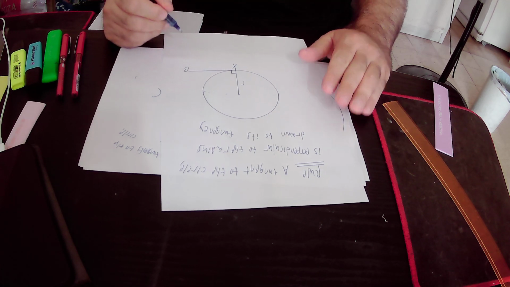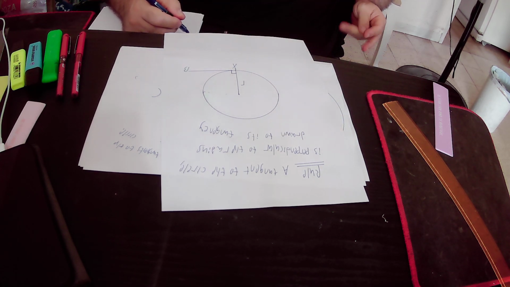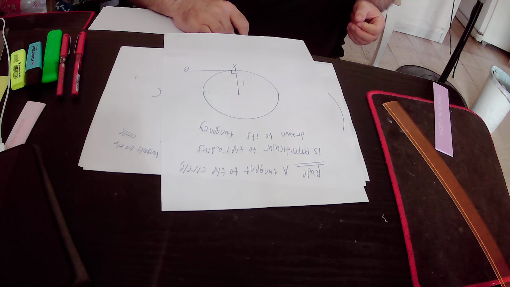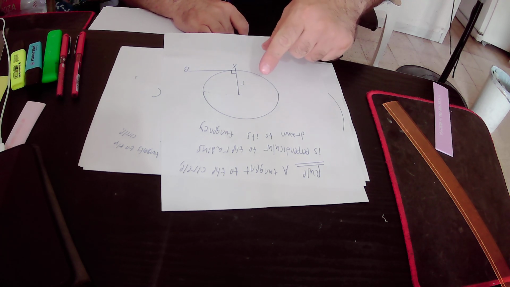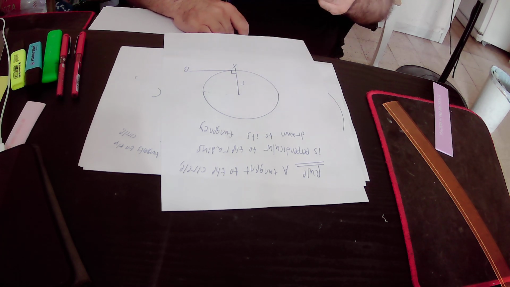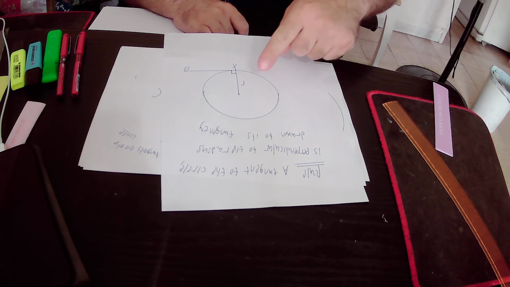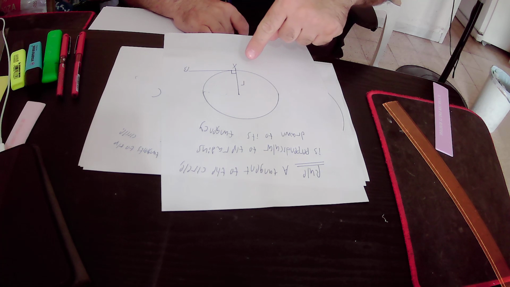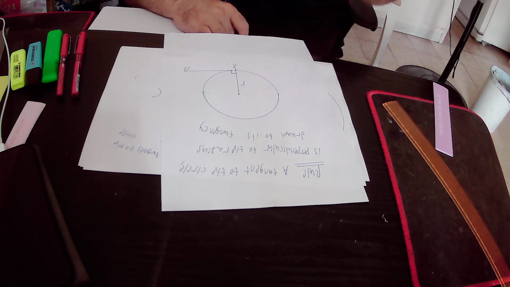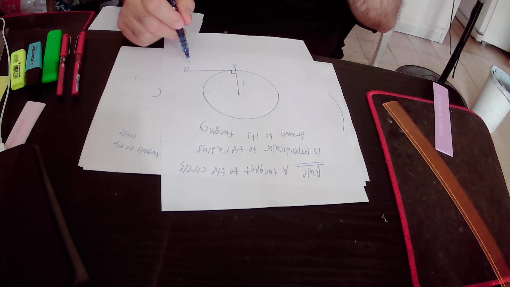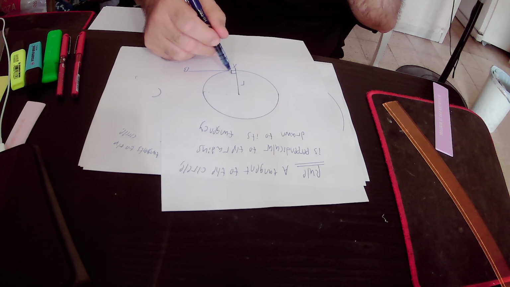So actually, tangent BX is tangent to the circle at point X, and we have the radius of this circle drawn to the point of tangency. This radius touches the point of tangency, that is point X. Therefore, the radius is perpendicular to this tangent BX, that is to say this angle equals 90 degrees.